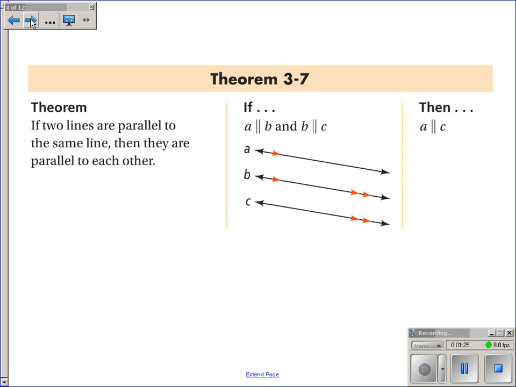And that's exactly what theorem 3-7 says. If two lines are parallel to the same line, then they are parallel to each other. Meaning that if A and B are parallel and B and C are parallel, then A and C are parallel. Theorem 3-7 reminds me a lot of the transitivity property, so you could think about parallel lines as transitive.